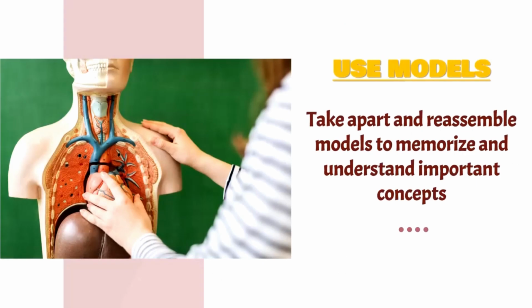Here's another example of demonstration, is to use models. And this is a model we have in the A&P lab called the bone room. So if there are any students studying anatomy and physiology, the bone room also has tutors staffed in there specifically for anatomy and physiology, and the bone room is in the library.